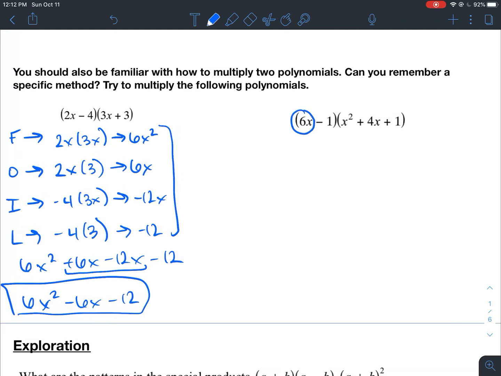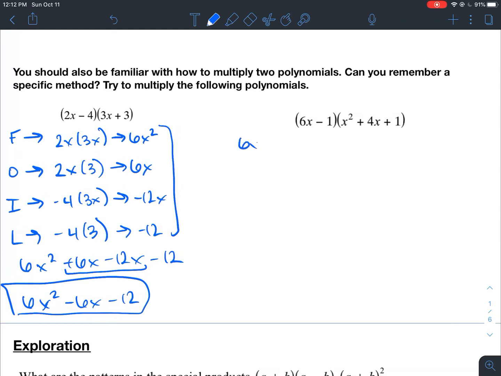So I'm going to take both terms right here, this 6x and negative 1, and I'm going to multiply it by this polynomial. So that means, again, that I'm going to multiply every term from one polynomial with every term in the other polynomial. So this is how the distribution method looks.